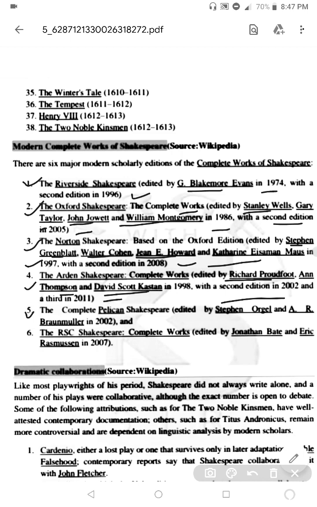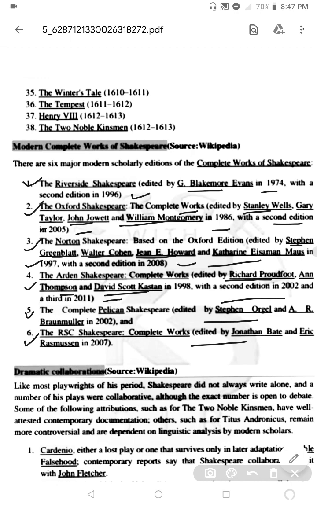Now the fifth edition is the Complete Pelican Shakespeare, edited by Stephen Orgel and A.R. Braunmuller in 2002. Now, the last edition, the RSC Shakespeare, was edited by Jonathan Bate and Eric Rasmussen in 2007.